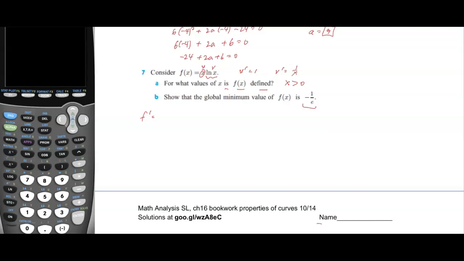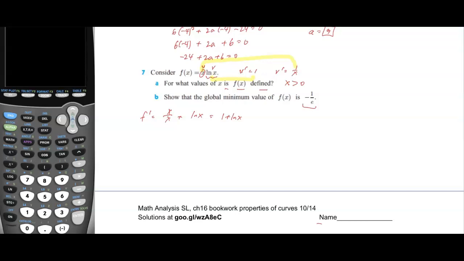So we're going to multiply x times v dash, and we're going to multiply v times u dash, and that'll be our product rule implementation. So x times 1 over x plus natural log of x times 1. So basically that's 1 plus natural log of x. So that is our derivative function, 1 plus natural log of x.